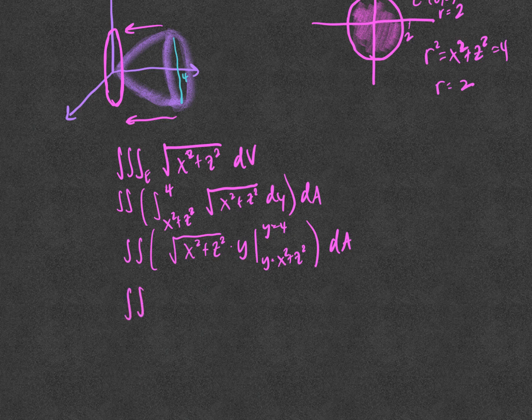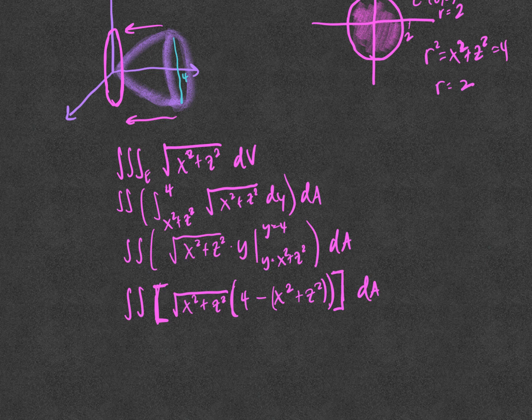So we have the double integral out here, and the square root of x squared plus z squared. And here we have 4 minus x squared plus z squared. So it becomes minus x squared. Let's put parentheses and say plus z squared, because we are going to switch to polar, but now I have too many parentheses, so let's make this one a bracket. And then here we still have dA.